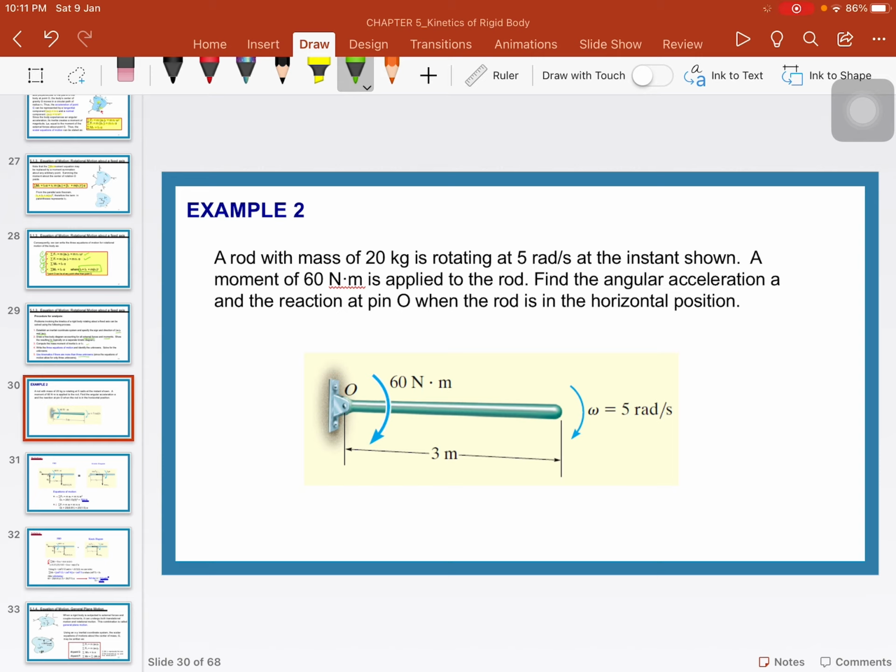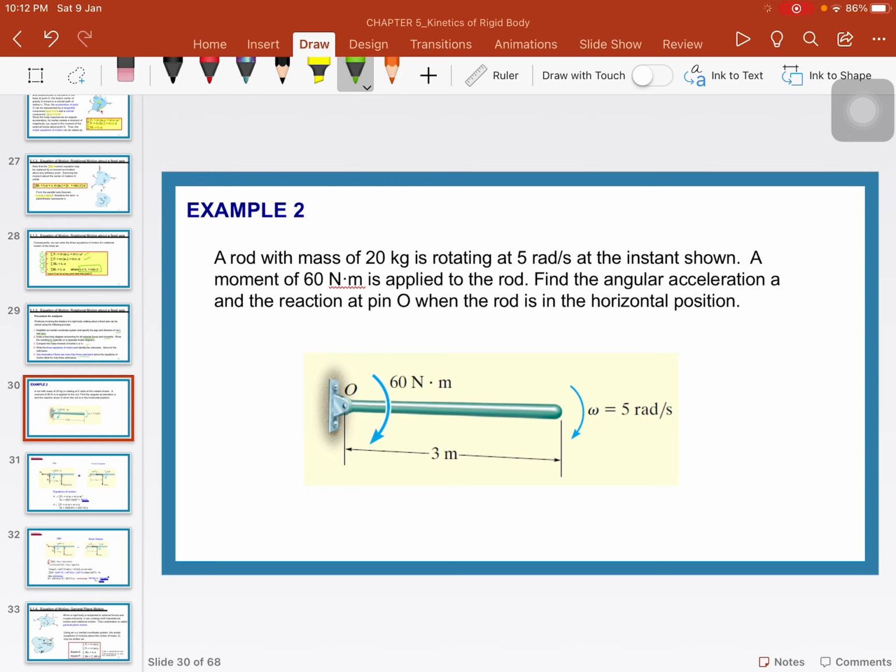Let's move to example 2. Let's read together. A rod with a mass of 20 kg is rotating at 5 radians per second at the instant shown. A moment of 60 Newton meter is applied to the rod. Find the angular acceleration and direction at pin O when the rod is in horizontal position.